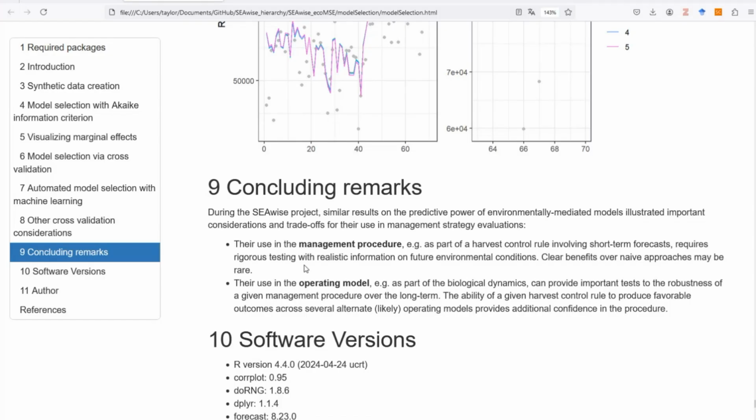And I think our results are showing similar results, that on a short-term forecasting, we're not seeing huge gains from using those models, but they nevertheless could be identifying true mechanisms on the long term. And so their use in the operating model, such as part of describing biological dynamics, can provide important tests to the robustness of a given management procedure over the long term.